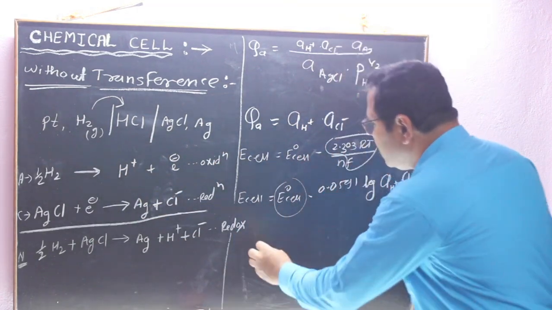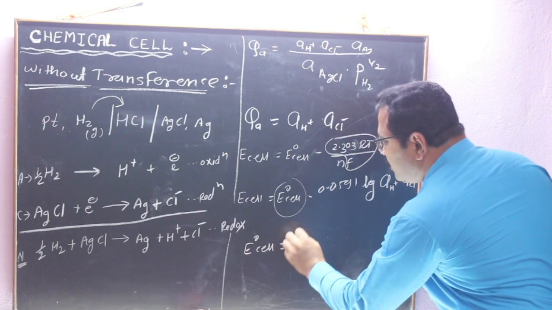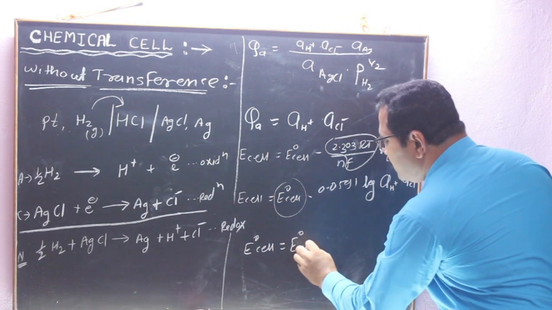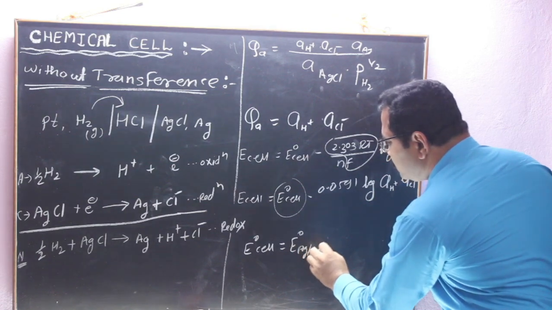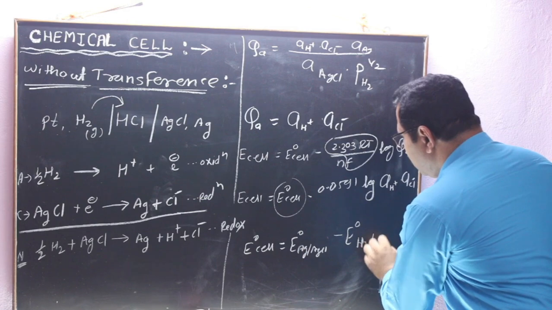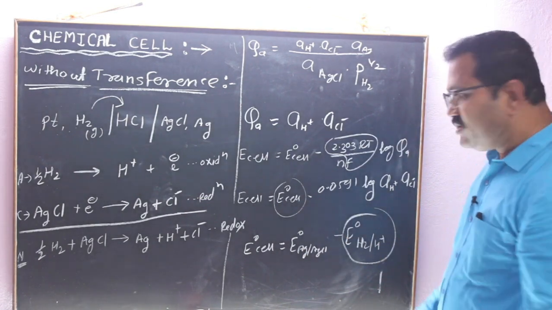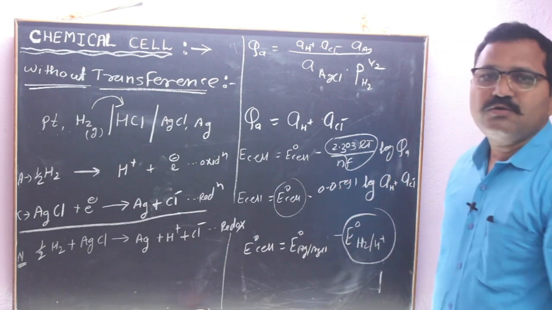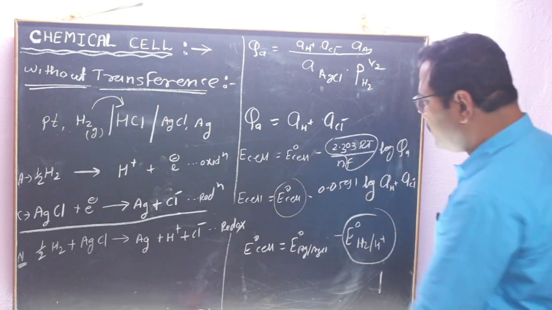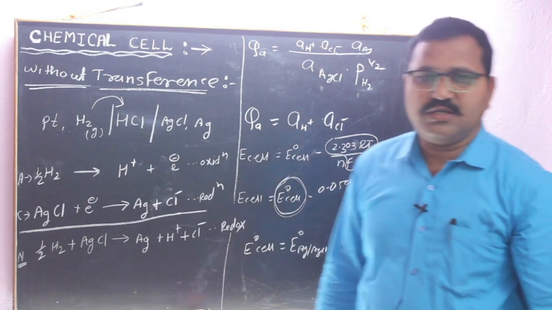E naught cell is equal to E naught AgCl minus E naught H2, H plus. Now the hydrogen electrode potential is considered as 0. Therefore, E naught cell is nothing but only E naught AgCl. Hence, you can replace this E naught cell as E naught AgCl.